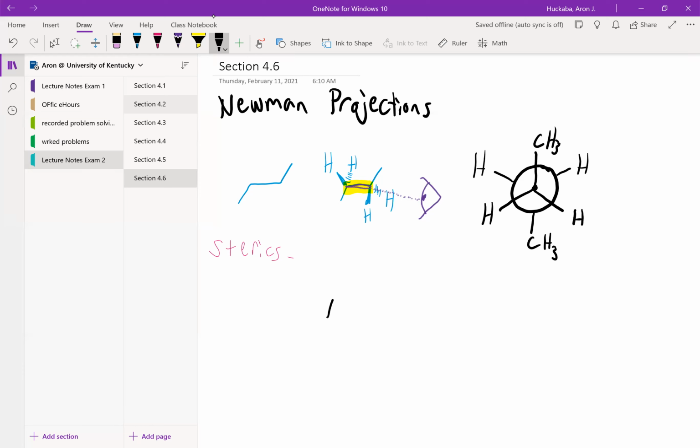So here's our butane. Let's use a different molecule this time. So this time we'll put a chlorine here. I said I was going to color code them, so we'll draw the structure first. Okay, so here's a chlorine in blue. And we'll keep this CH3 in blue as well. All right.